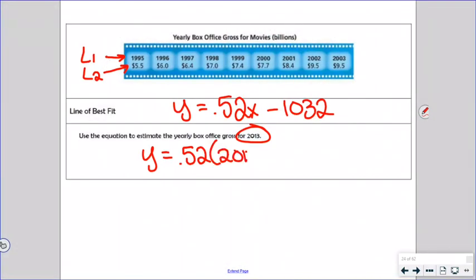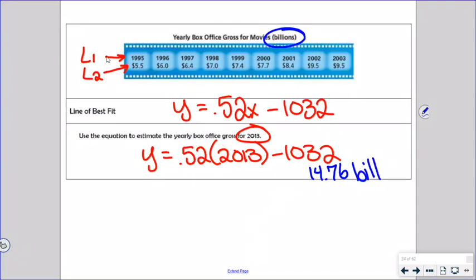Plugging in 2013 into that equation, the number I get is 14.76. Since these are in billions, I have to make sure that I say billion and throw that big old dollar sign in front of it.